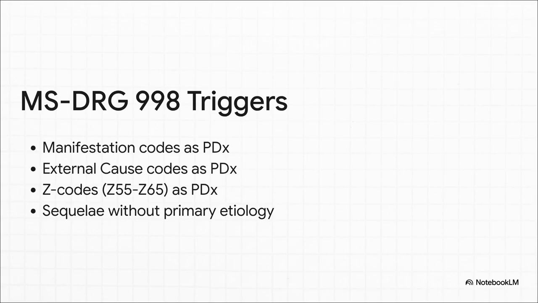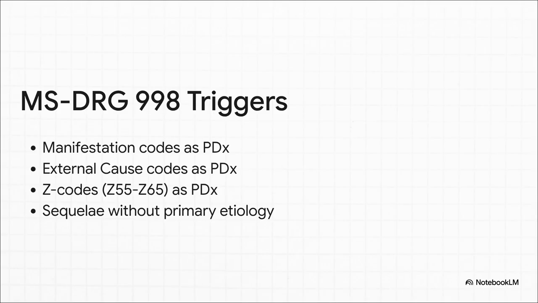So for MS-DRG 998, placing restricted codes in that principal spot just instantly breaks the claim. For example, manifestation codes, external cause codes, or social determinant Z codes like Z55 through Z65 simply cannot be your principal diagnosis. Also, if you try to sequence a sequela or a late effect code without its proper primary etiology code, you are going straight to 998.